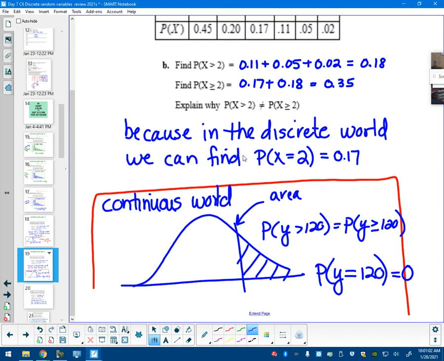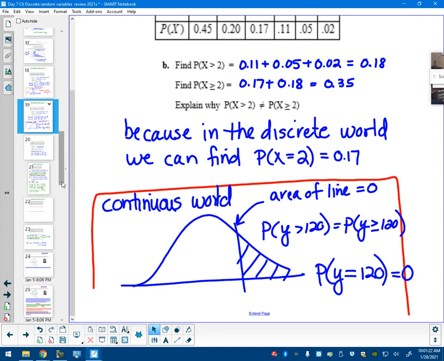So this is area of line 0. Okay. So again, for part C and part D, you are not going to perhaps remember this, and that's okay until tomorrow. So here we go.